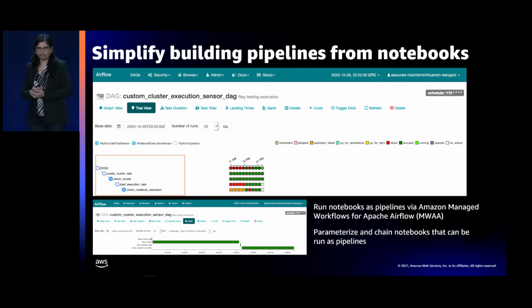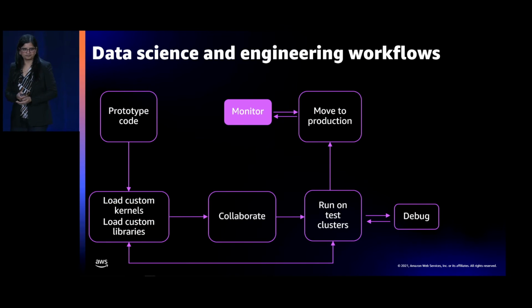So you can run the notebooks as a pipeline using the orchestration services that you're already used to. One other thing to note here is that you can parameterize and chain your notebooks that can be run in this pipeline. So you can change the parameters with each run.